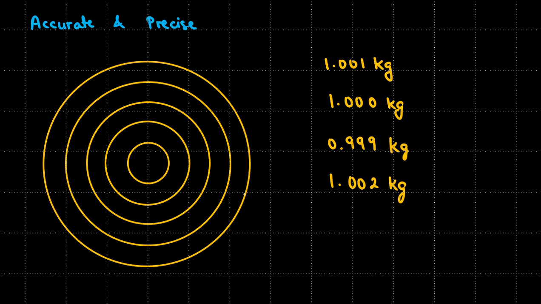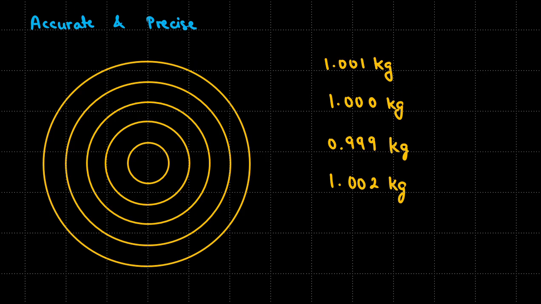Suppose the object that we are trying to measure is 1 kilogram. They are very close to 1 as a number, and the difference between any of the pairs is also very small.